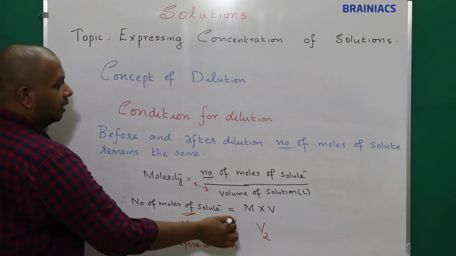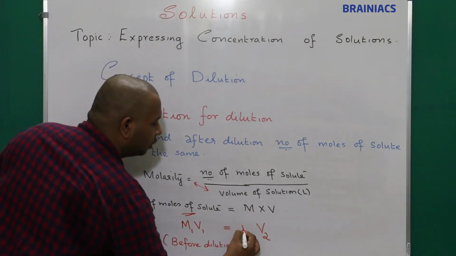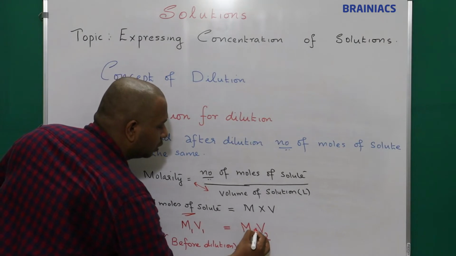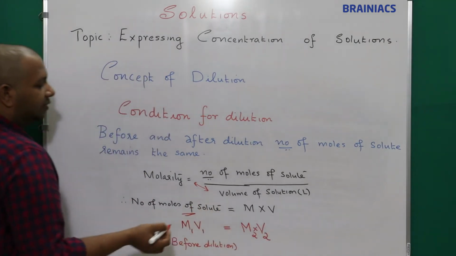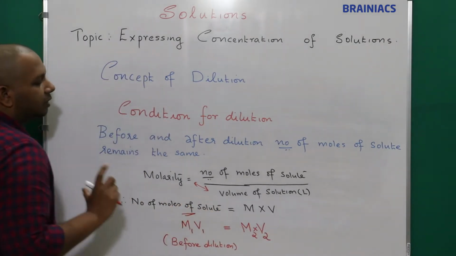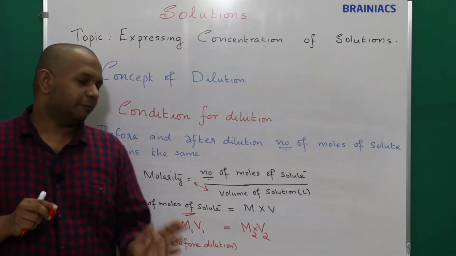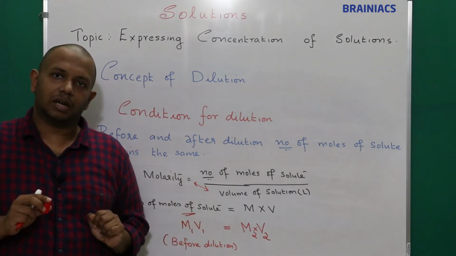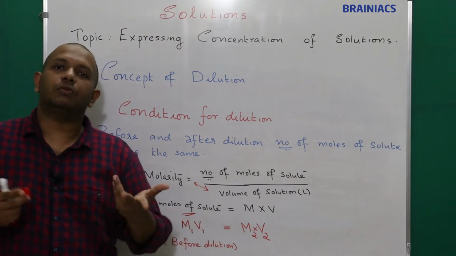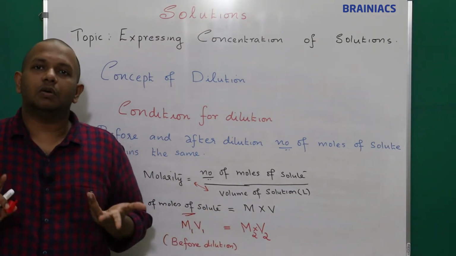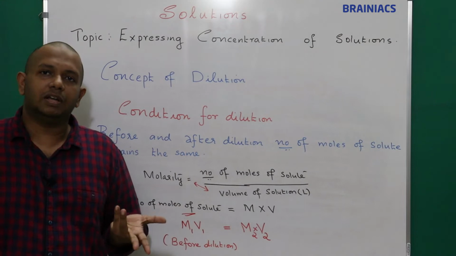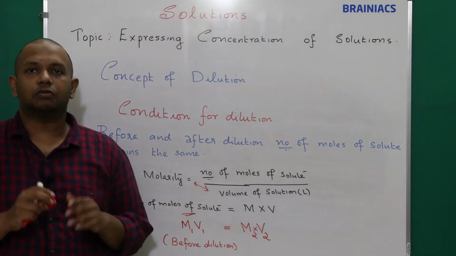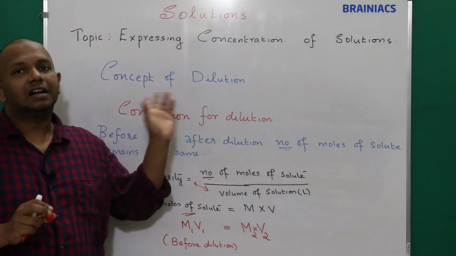So the molarity is changed to M2. For example, 5 into 4 is 20. I can write that as 4 into 5 also, or 2 into 10 also, but the product is always 20 only. Similarly, the number of moles of the solute is constant because that is the condition for dilution.